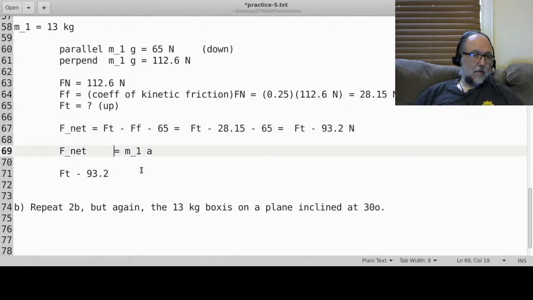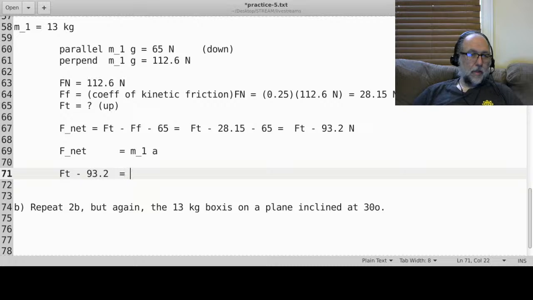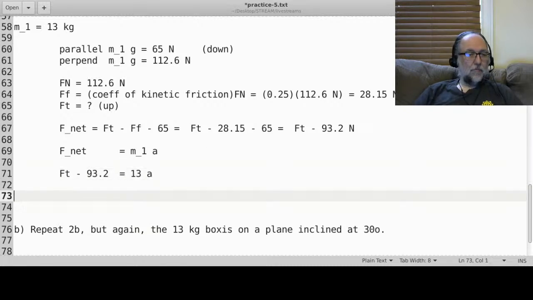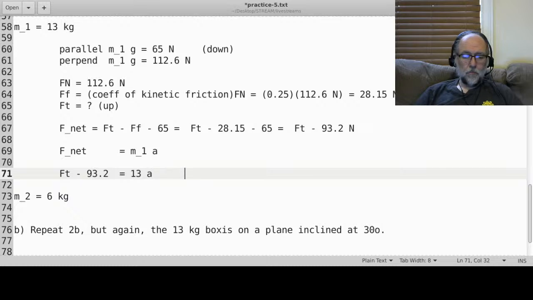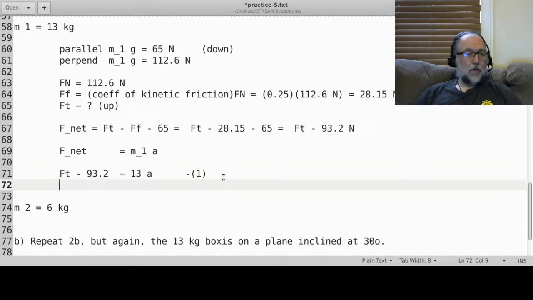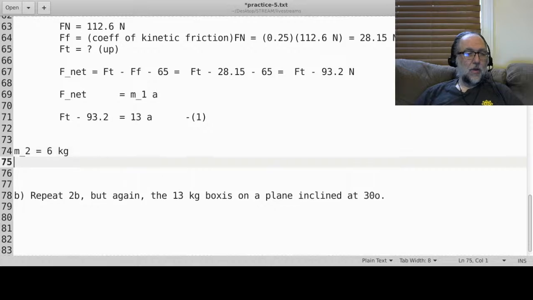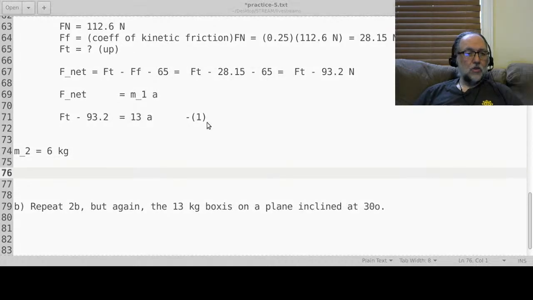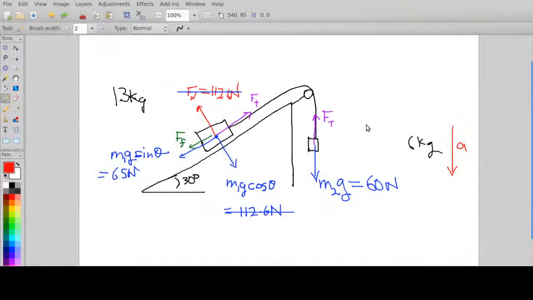And then for m1, we have 13 times a like that. Okay. And that's as far as we can go at this point for the 13 kilogram.